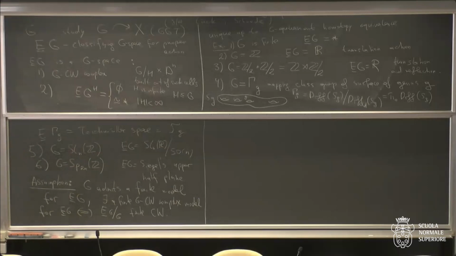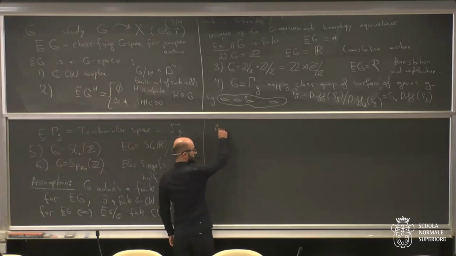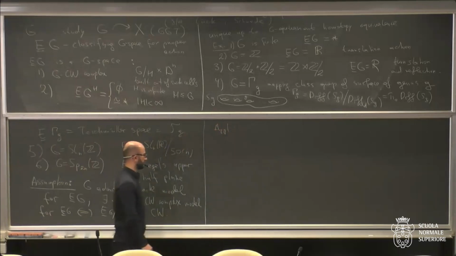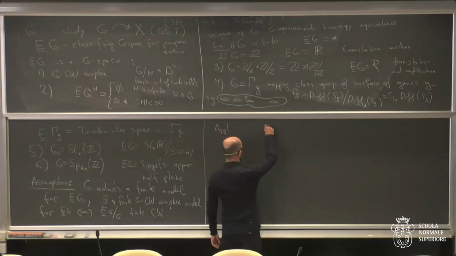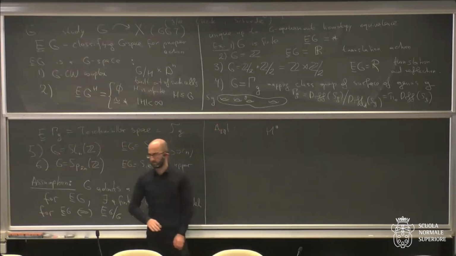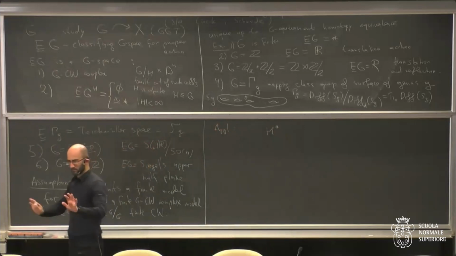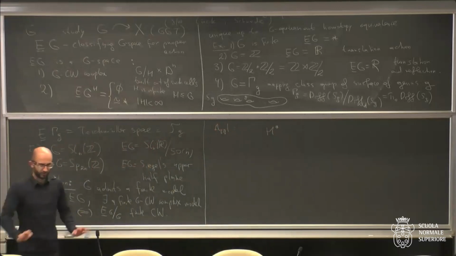Okay, so now, what does this buy you? I mean, why is this assumption nice? One of the immediate applications I can give you is, as a general review, let's do the group cohomology. I'm assuming people have seen at least singular cohomology in this audience, so I will assume it.